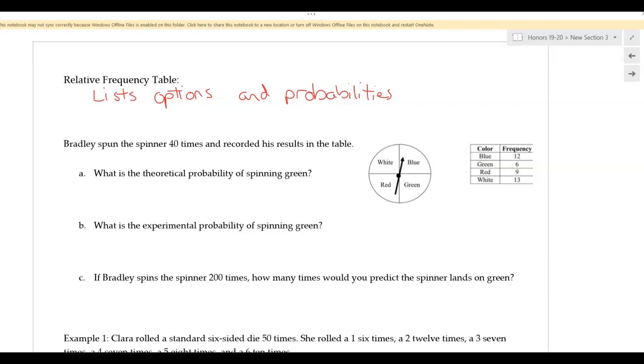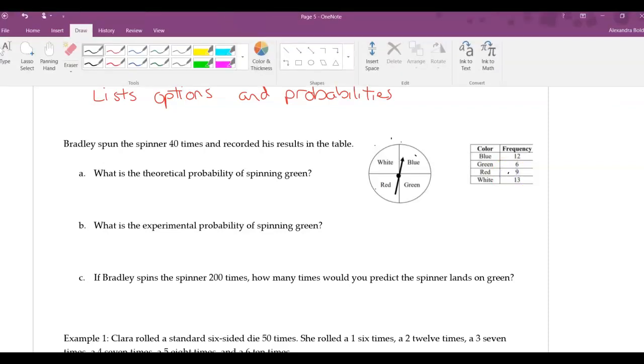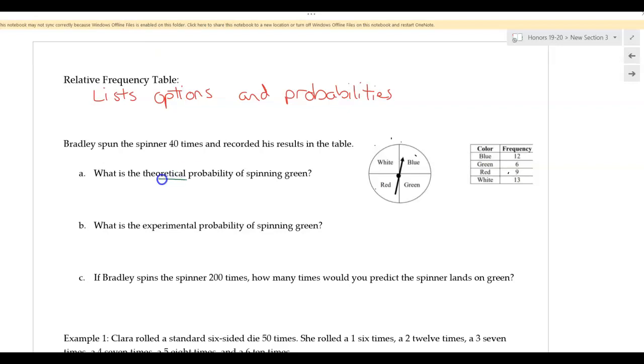So what is the theoretical probability of spinning a green? He spun this spinner 40 times and recorded his results over here. Well, theoretically, there's 1 green out of 4 options. So I didn't actually have to do anything.